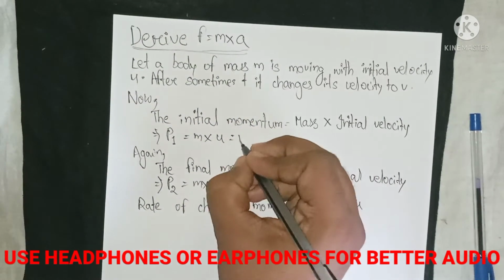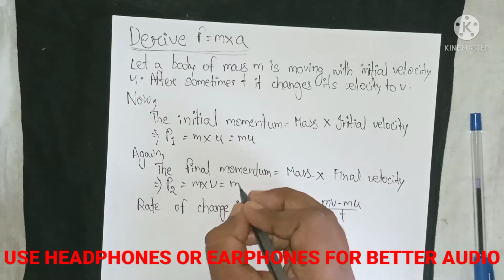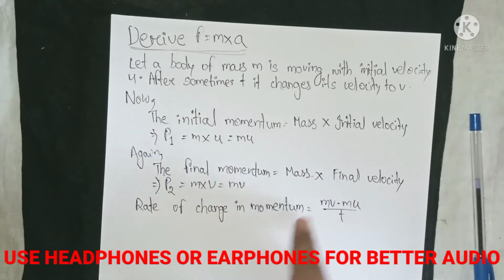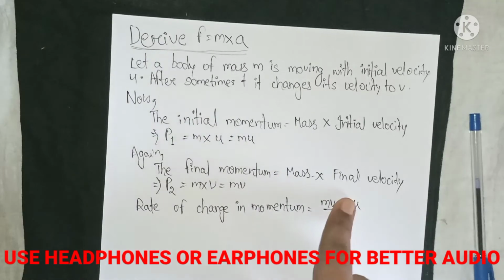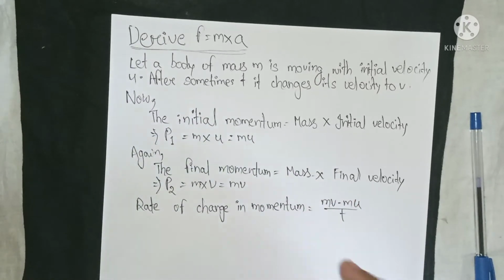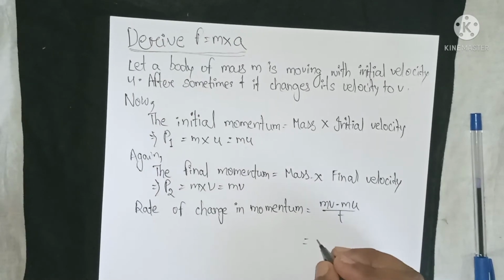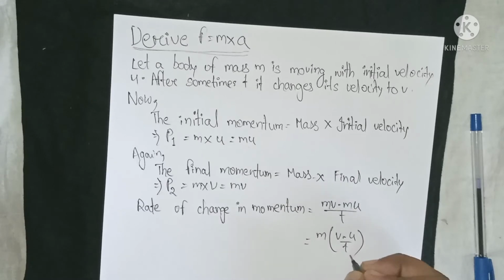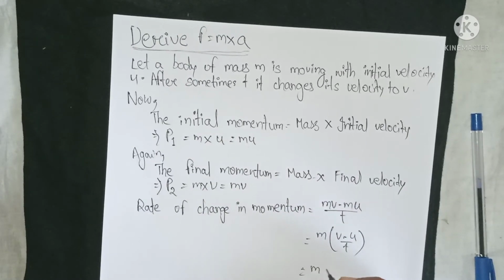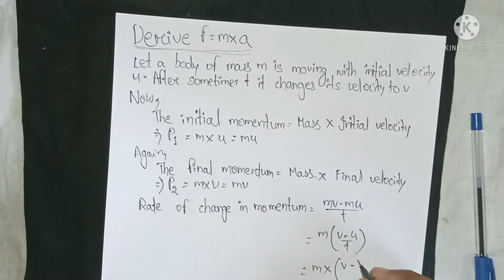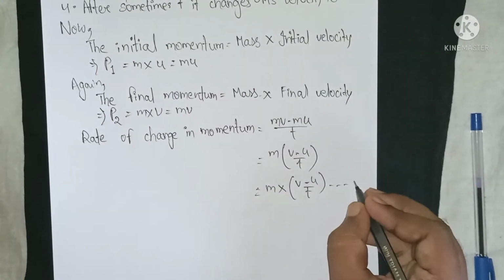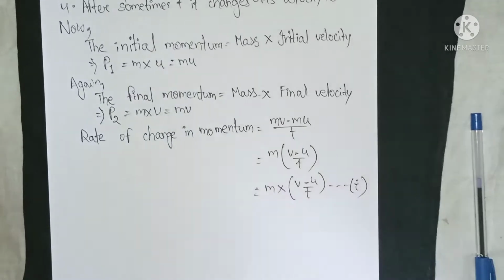So we got the rate of change in momentum as final momentum minus initial momentum by time taken. And if I take mass common, we get m multiplied by (v minus u) by t, and I took it as equation I.